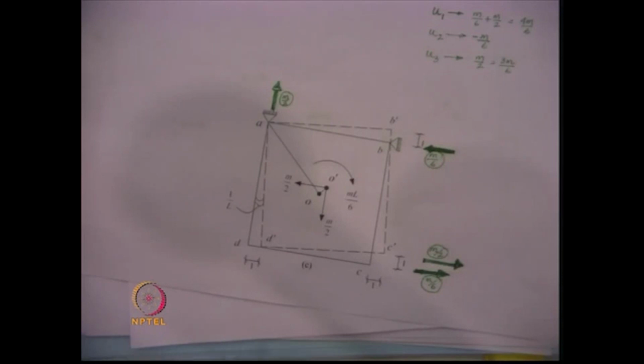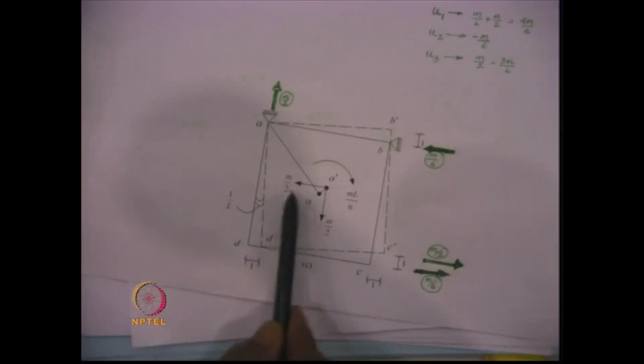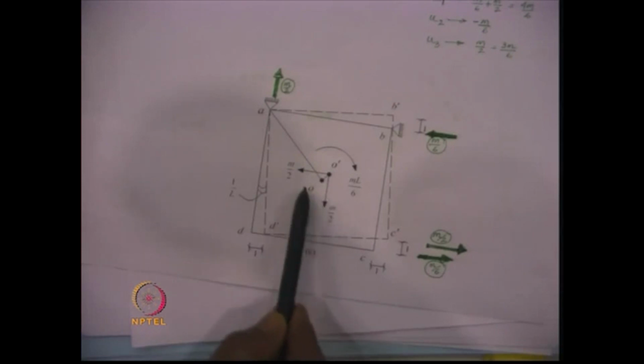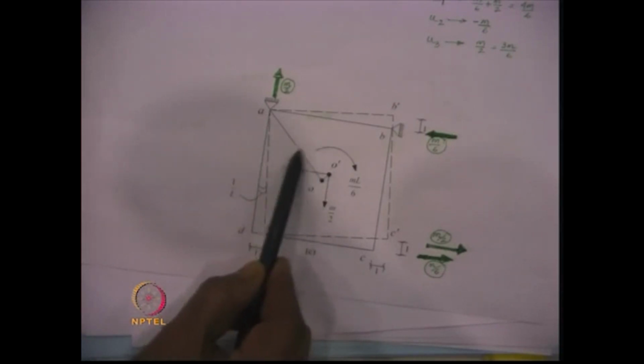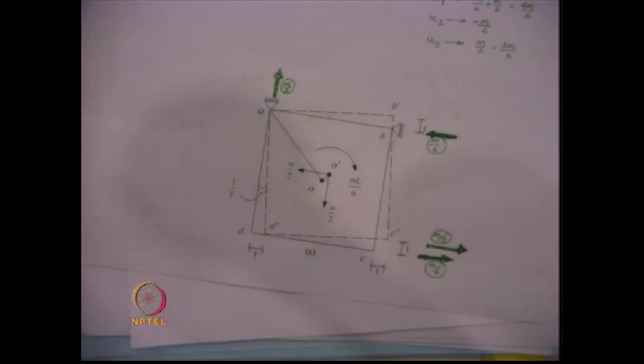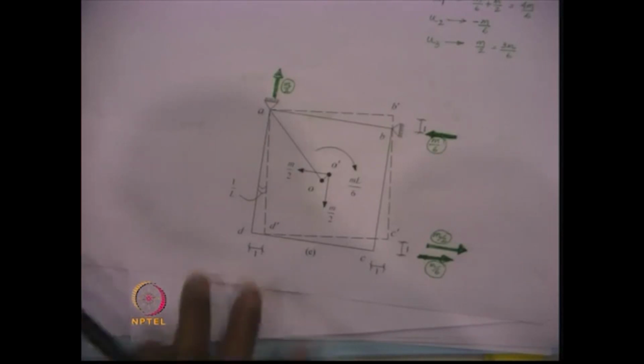Now, note that the mass moment of inertia that is developed is in the opposite direction of the rotation. The rotation is taking place in this direction, and the mass moment of inertia is obtained in the opposite direction. The reason is that the acceleration, as I told before, always acts opposite to the direction of motion. So, therefore, the inertia force is acting opposite to the direction.